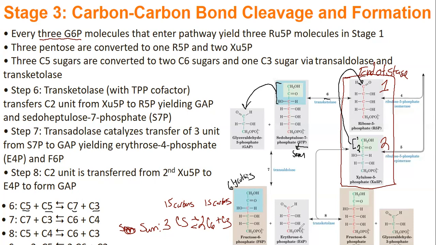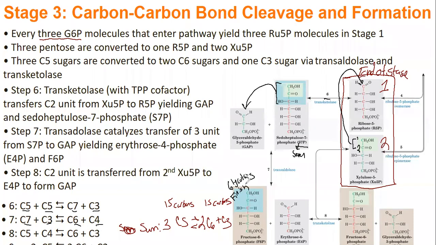So step 7, we are taking a 3-carbon compound plus a 7-carbon compound and making a 6-carbon compound and a 4-carbon compound. All right. So for fructose, this is finished.